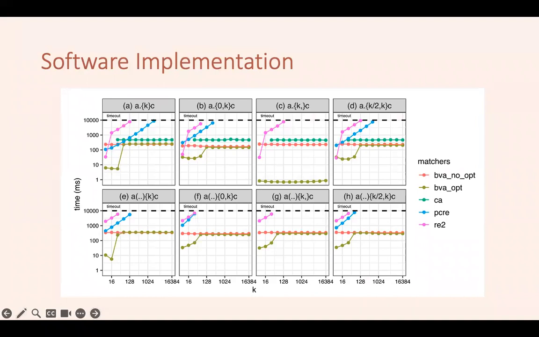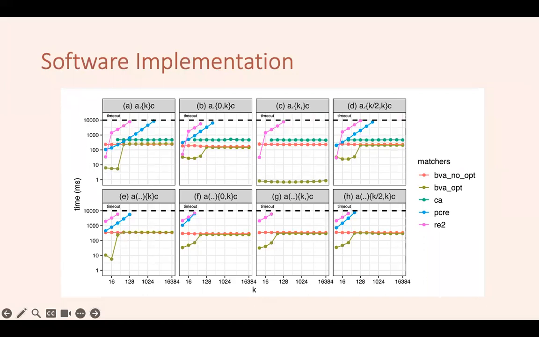As you can see, we claim that regardless of k, the time per character should remain constant. I should say what was going on here. The input was 10 million random A's and B's, and we matched it on these regular expressions, and this is the total time.